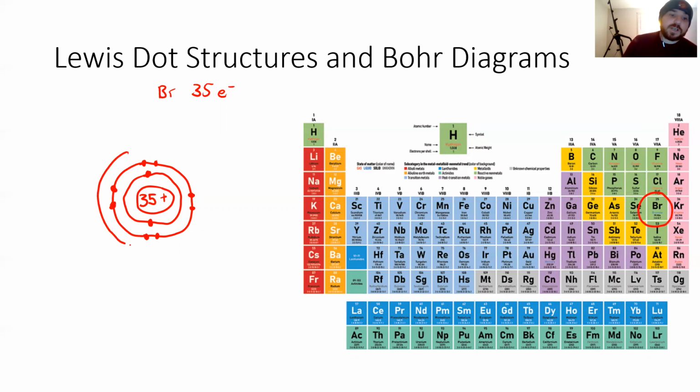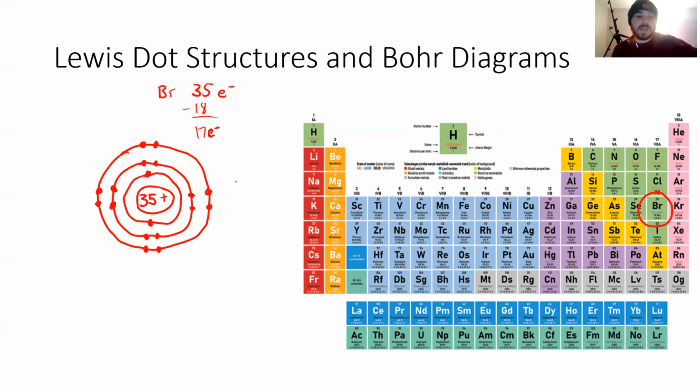Then we've got our third shell, again we've got 3s and 3p. So 1, 2, 3, 4, 5, 6, 7, 8. At this point, we've used 18 electrons. We still have 17 to go. So we can draw this out. Boom, we'd have 17 electrons left.